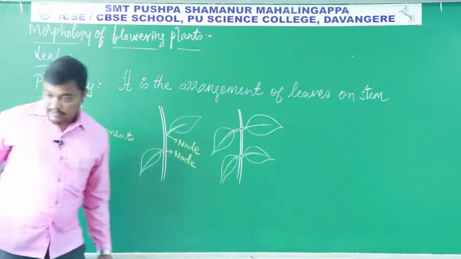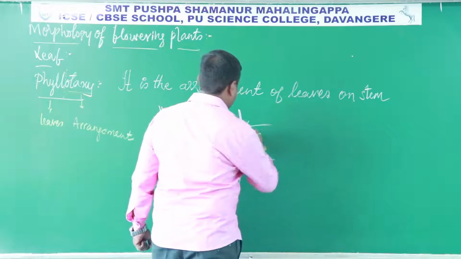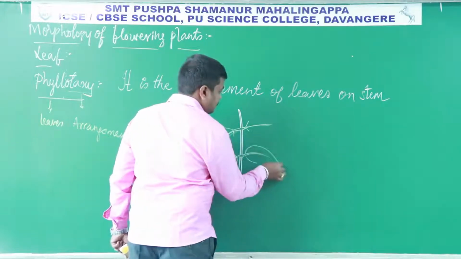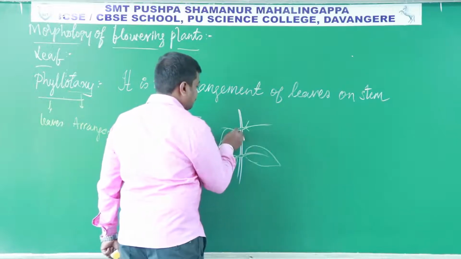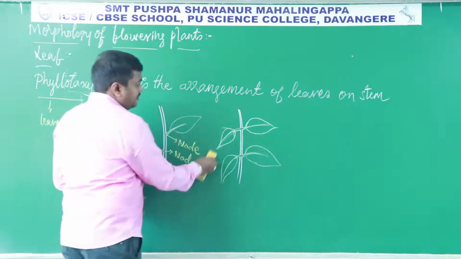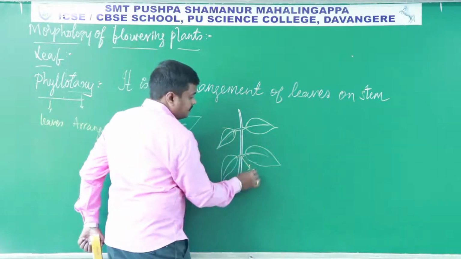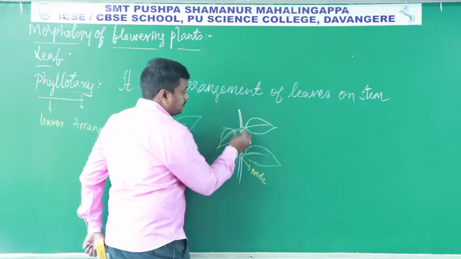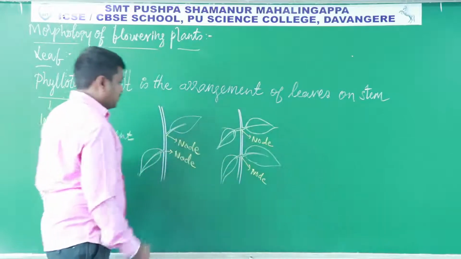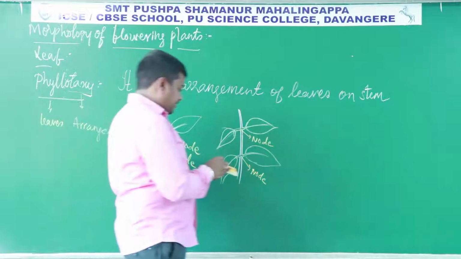The leaf size is larger. See here, this is the node, and this is the node. Here one leaf is produced at a node. Here two leaves are there at a single node.